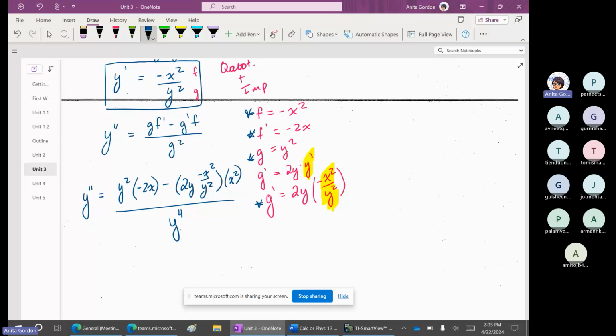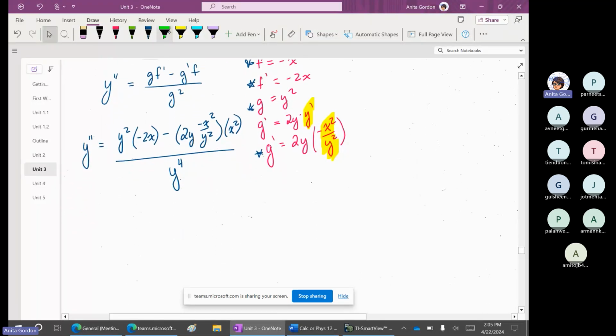Correct. It's gross. Let us simplify where we can. There's a y in the numerator and two y's in the denominator, so those cancel out. I have a minus x squared, which will cancel out that negative, and then I can make it an x to the fourth with that. And I think that's all I can do.